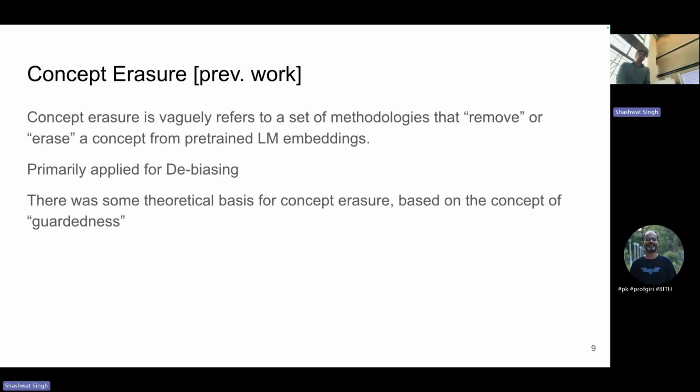Okay, so previous work has talked about this concept of concept erasure, which is that I have an attribute that I want protected, and let's say that is gender. The idea is that after I am done with my operations on the embeddings of the language model, any classifier after this will not be able to use the gender attribute.